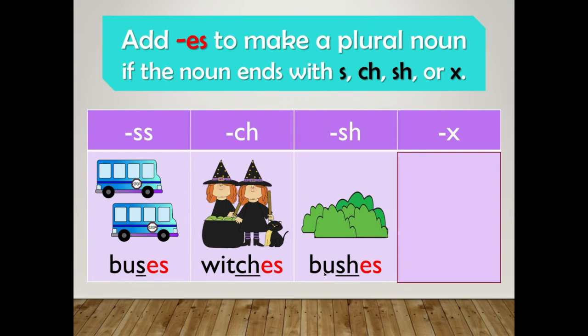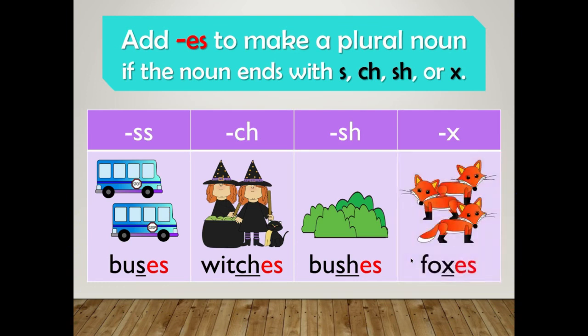I could have 1 bush, but bush ends in SH. So if I have more than 1, I need to write bushes. I need to add that ES. 1, 2, 3. I could have 1 fox, but I don't. I've got 3.